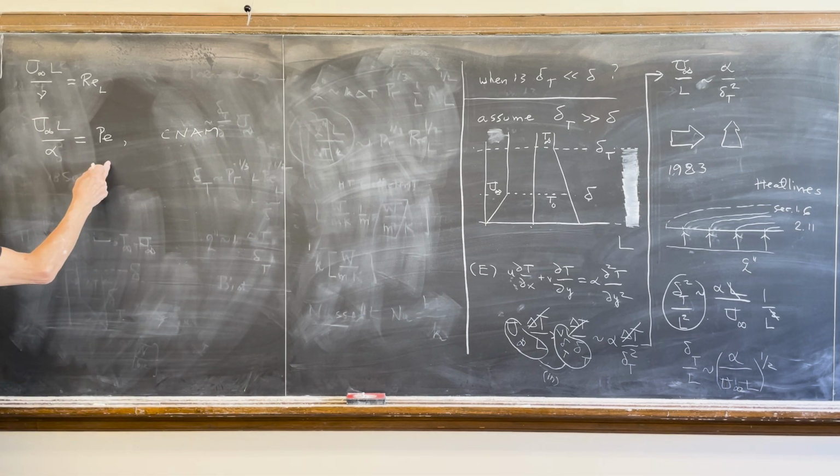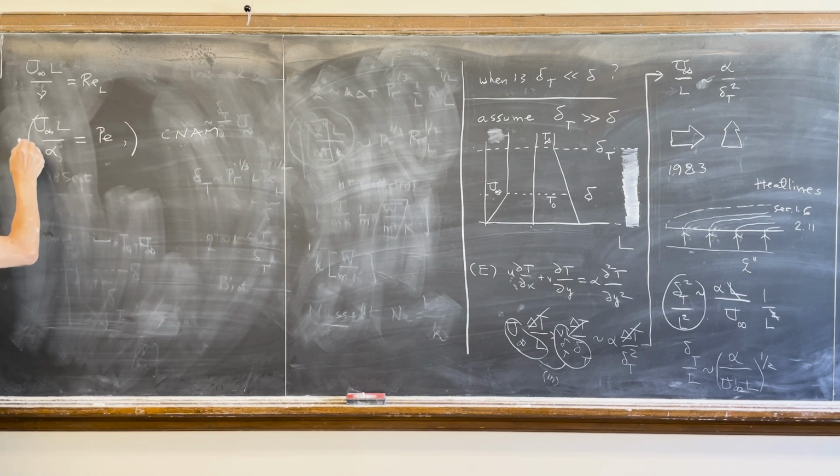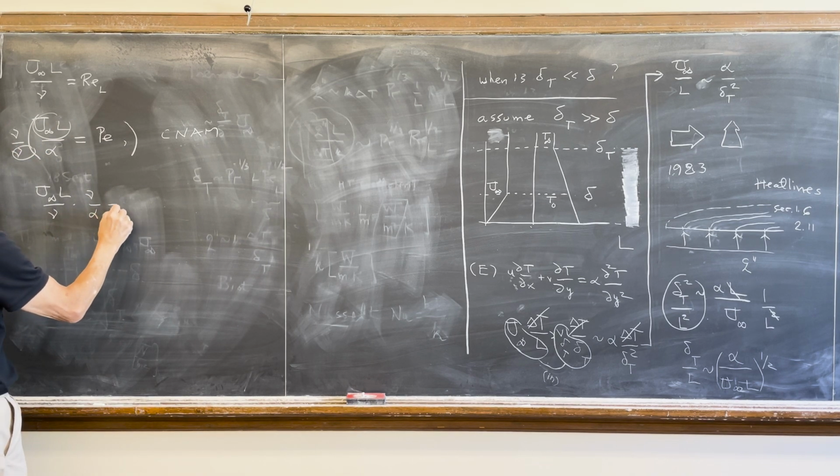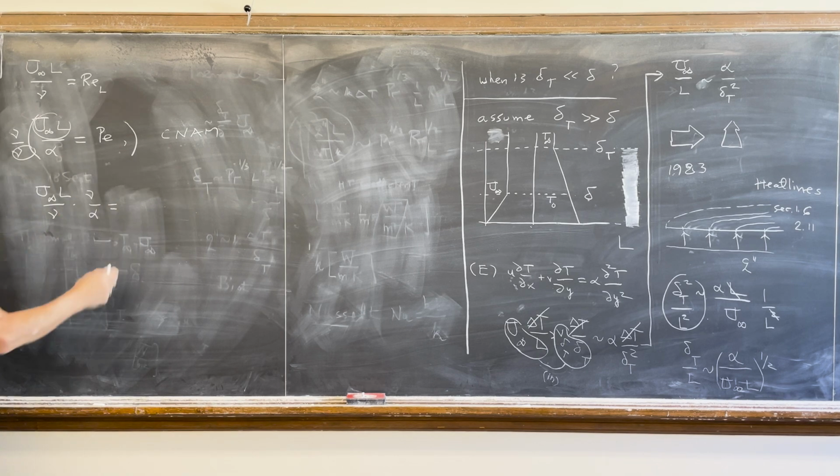Peclet number. Clearly, if you multiply Peclet by nu over nu, you get U infinity L over nu, and then times nu over alpha. In other words, I multiply by 1, nu over nu is 1.